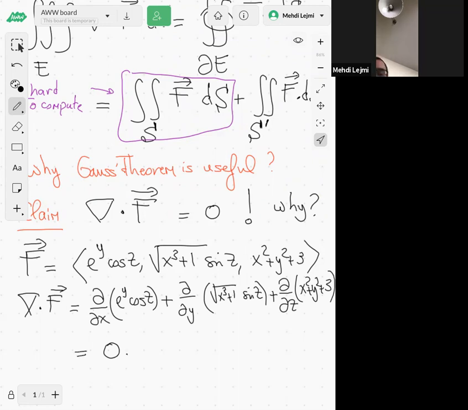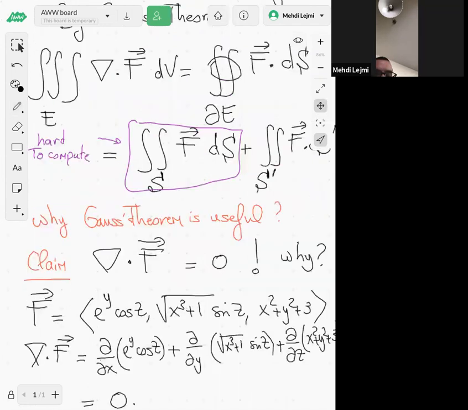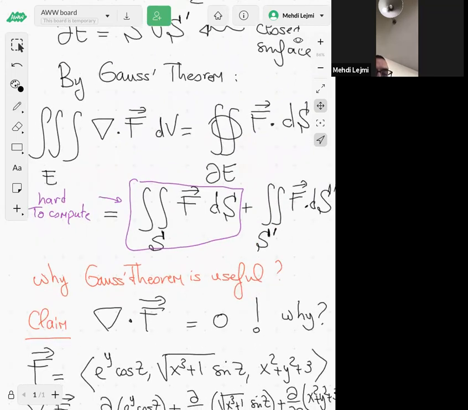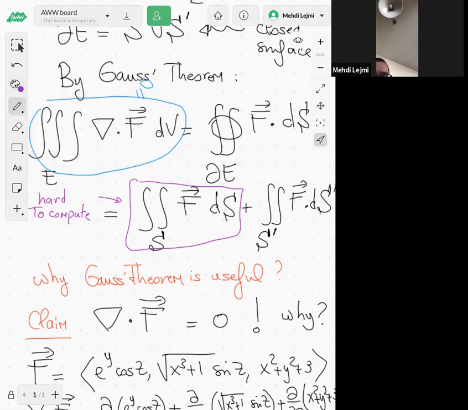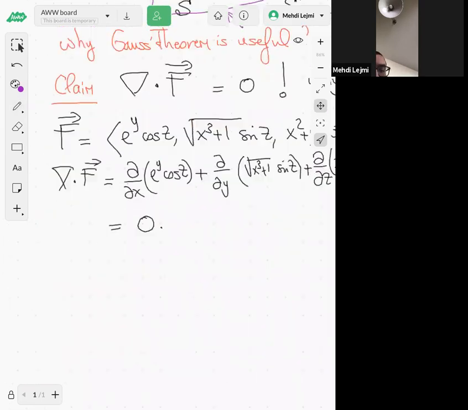So the left side of Gauss theorem is just equal to 0. If this is 0, then the double integral that I want to evaluate would be the opposite of the double integral along the surface S prime.